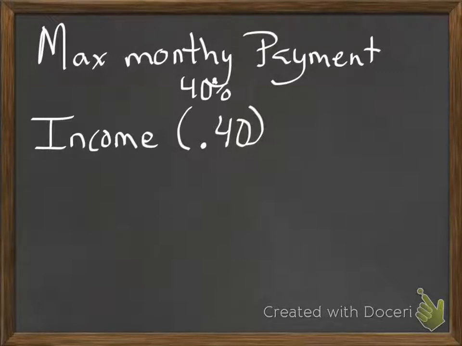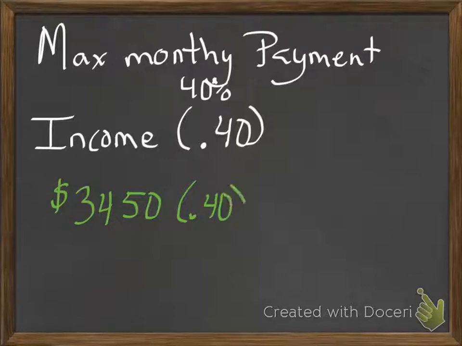So in our scenario, our income was $3,450 times 0.4, and that gives us a monthly payment amount of $1,380. So that's how much debt payments we can have per month.